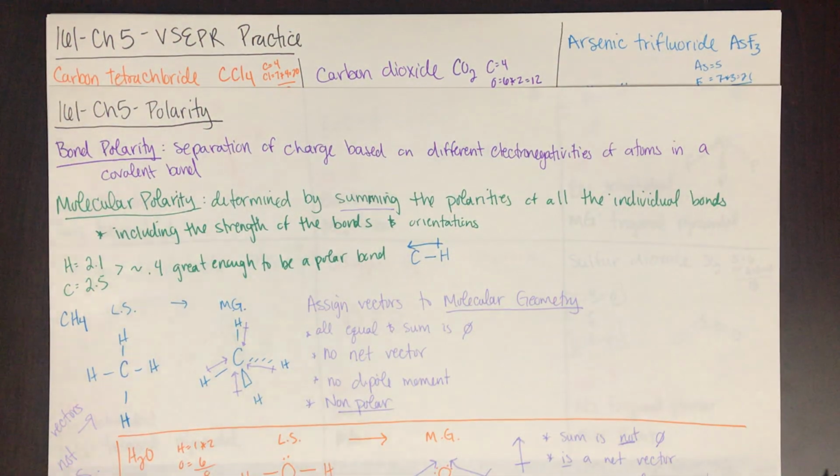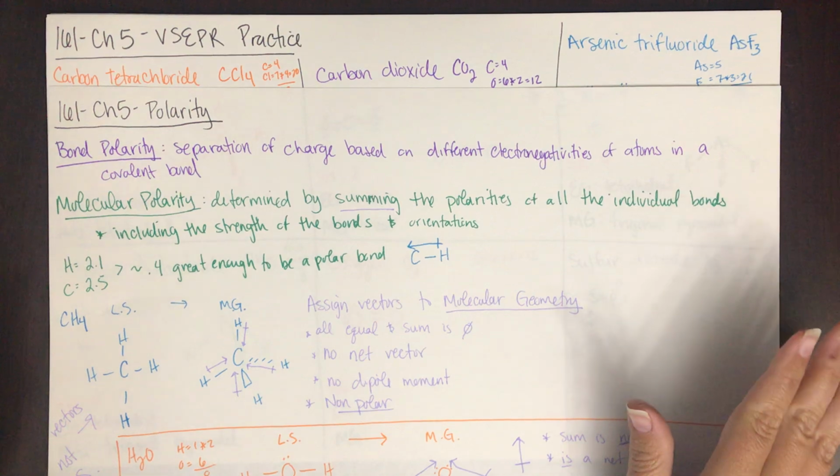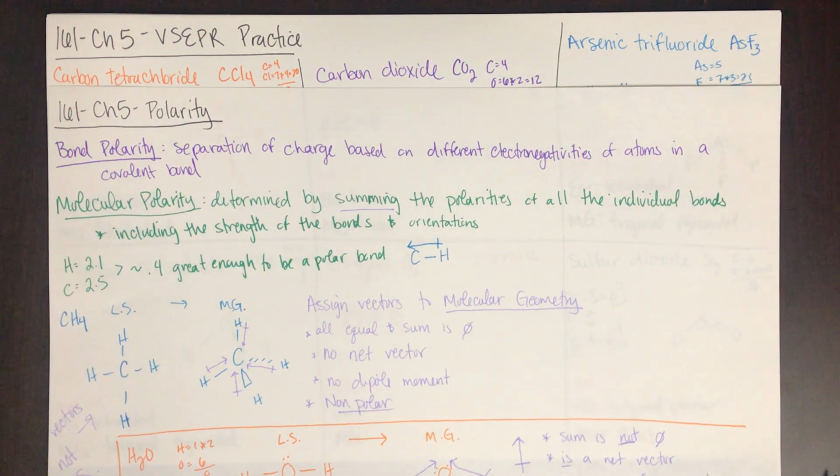Okay, so let's practice assigning polarity to molecules. Again, there are two different types of polarity. There's bond polarity, where there's a separation in charge based on different electronegativities of the atoms in a covalent bond. So we can determine if a bond is polar by subtracting those electronegativities and seeing if the difference is greater than 0.4 or not.